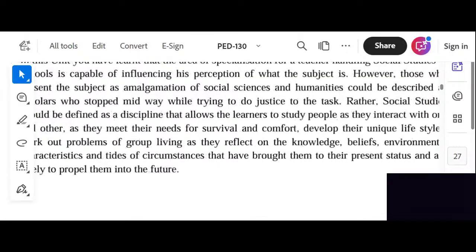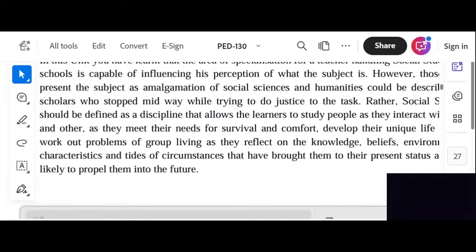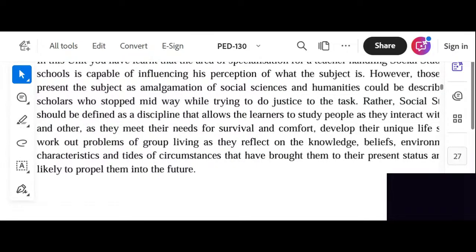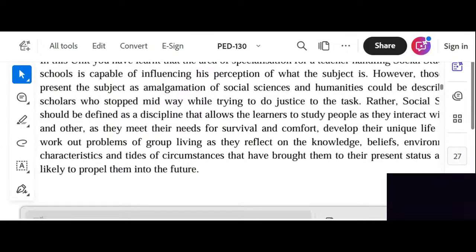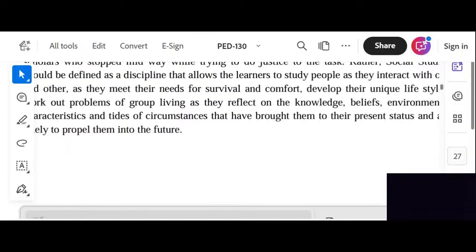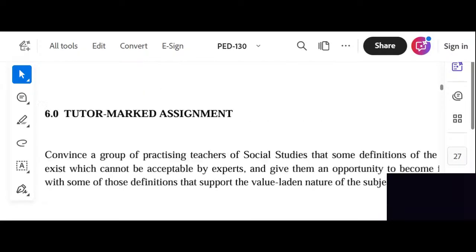Rather, social studies should be defined as a discipline that allows the learners to study people as they interact with one another, as they meet their needs for survival and comfort, develop their unique lifestyles, work out problems of group living, as they reflect on the knowledge, beliefs, environmental characteristics, and tides of circumstances that have brought them to their present status and are likely to propel them into the future.